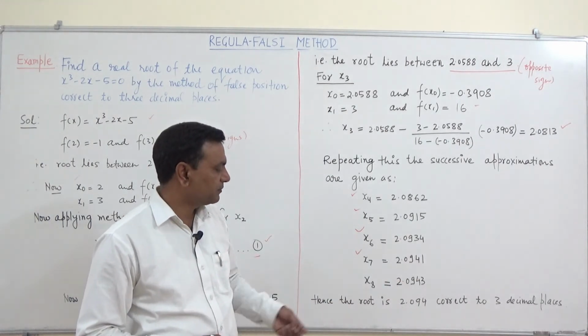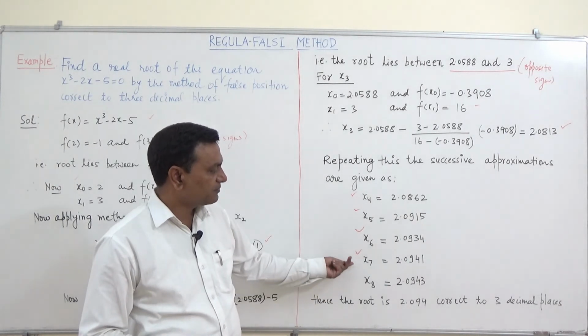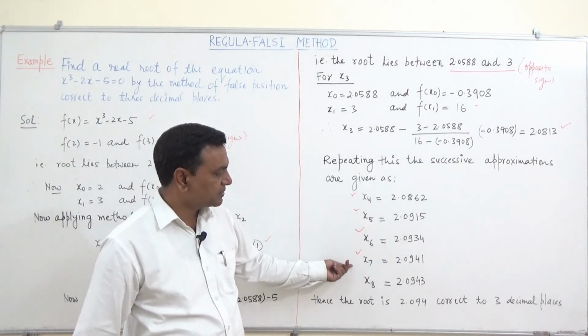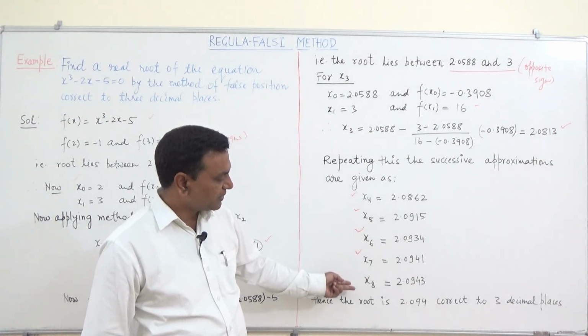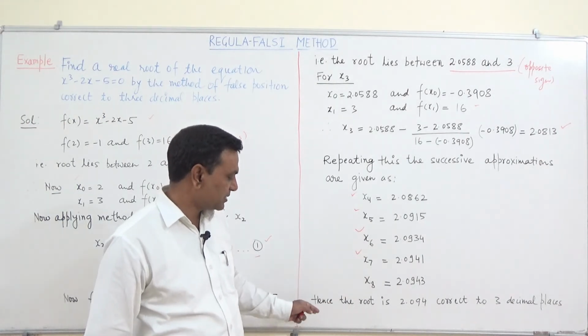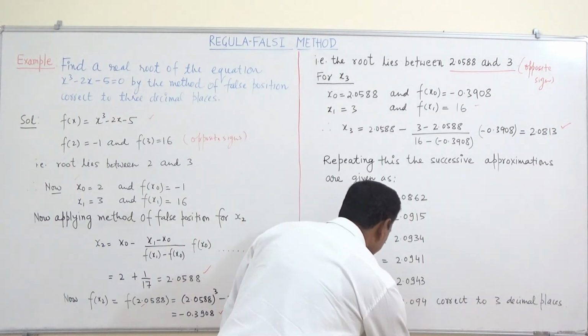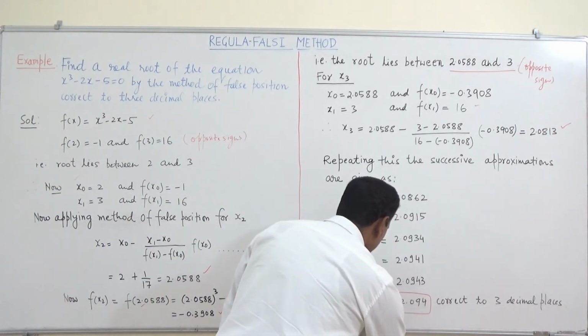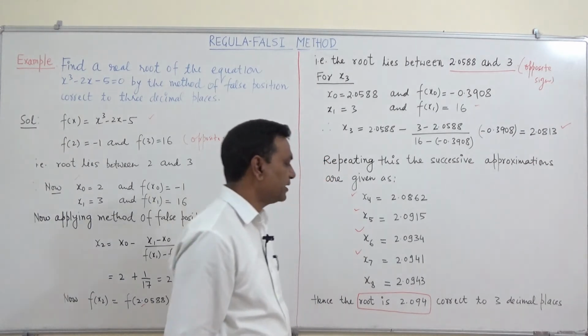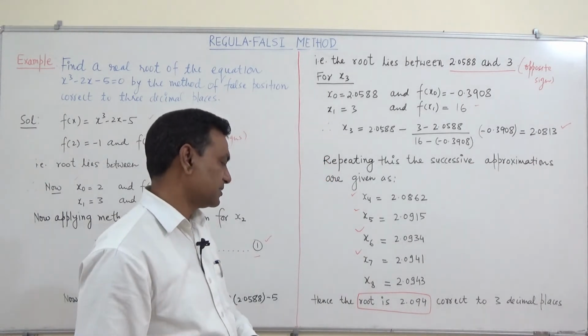Here we can say that these values are almost the same, so the root is 2.094, correct to 3 decimal places.